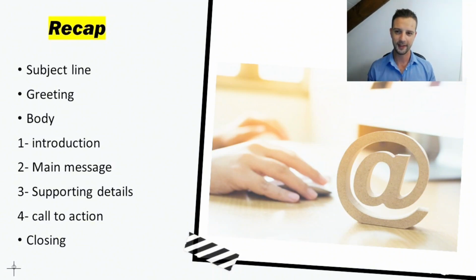Remember that one. We've looked at the body of the email, and we did a deep dive into the introduction, the main message, the supporting details, and finally the call to action. And at the end, we've looked at the closing of the email.